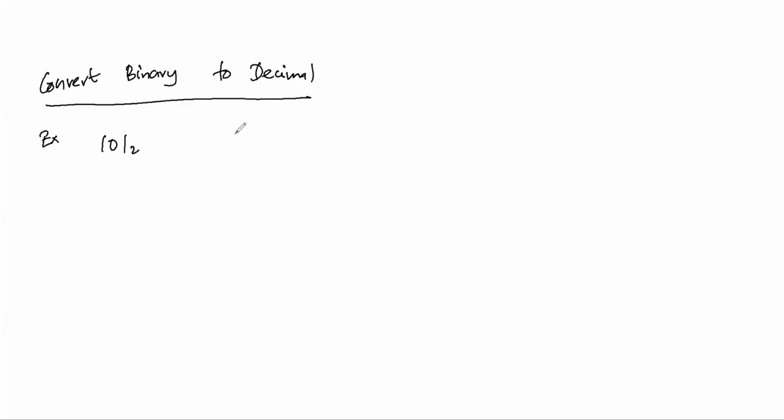So you will take 101, then you will get the positional values, the weight factors. This is 2 to the power 0, this is 2 to the power 1, this is 2 to the power 2.